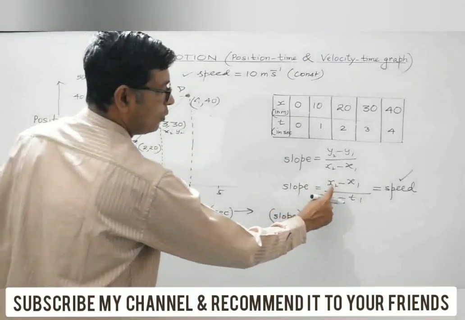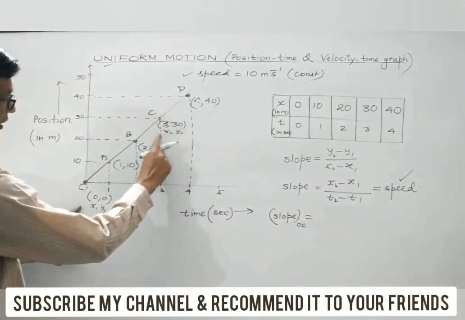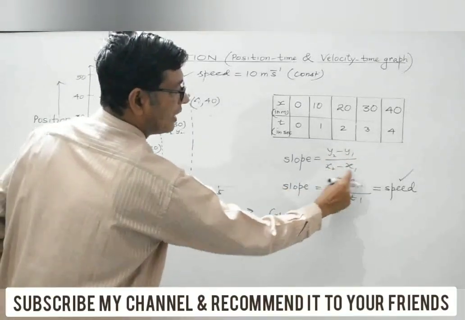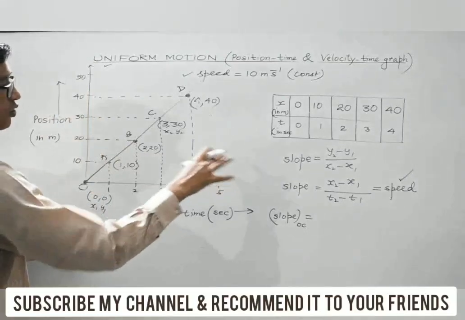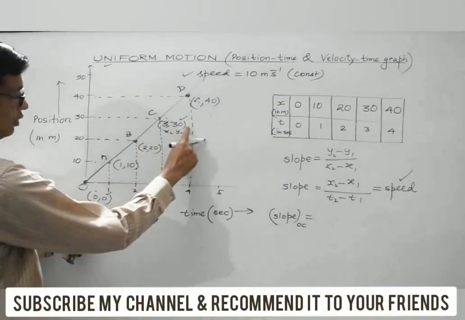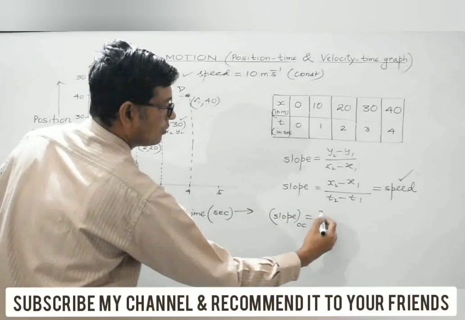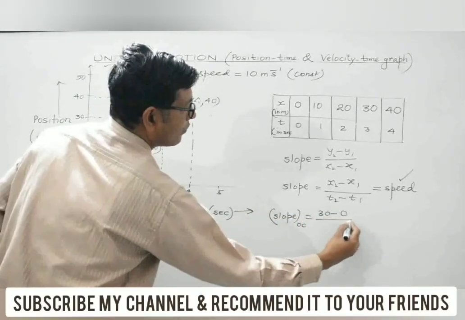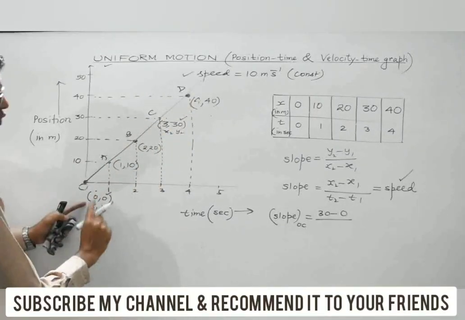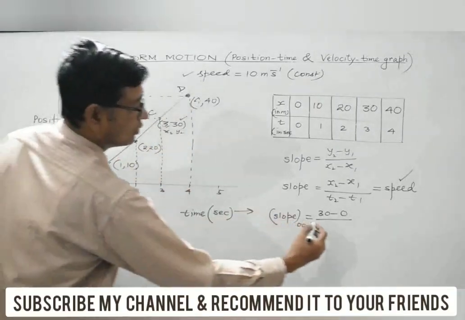What's the formula for this slope? Y2 minus y1 divided by x2 minus x1 in terms of y and the x coordinate. So this is y-axis, this is x coordinate, right? So 30 minus 0 divided by x coordinate, that is 3 minus 0.